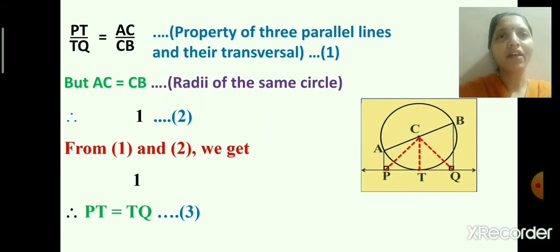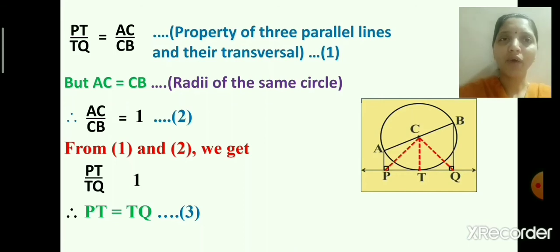Therefore, we can write here, if you substitute the values of AC and CB, that is, if you consider it as AC upon AC, you will get AC upon CB is equal to 1. Write this equation as equation 2.